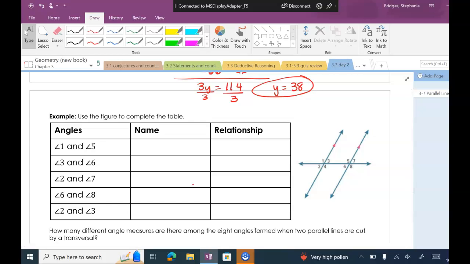Okay, so like angle 1 and angle 5. Which one of the 5 are they? And then what relationship do they have? Meaning, are they congruent or are they supplementary? So I want you to fill in that chart. Name what type of angle pair they are. That goes under name. And then under relationship, I want you to say either congruent or supplementary.